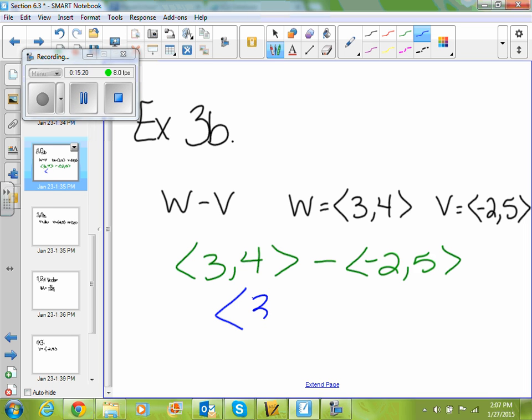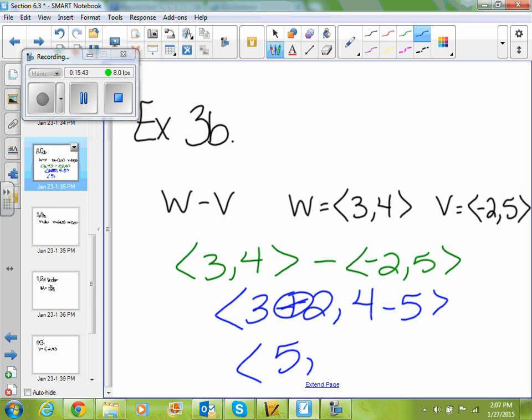So 3 minus -2, our first two terms, and our second two terms, 4 minus 5. Okay, minus negative becomes a plus. 3 plus 2 is 5. 4 minus 5 is -1. So w minus v would give me 5, -1.